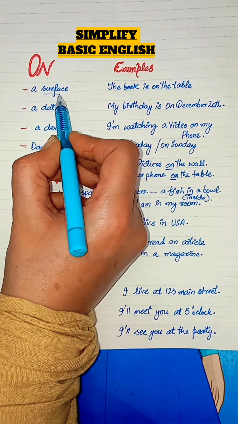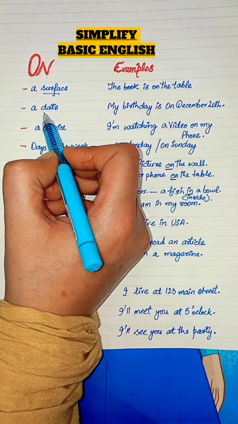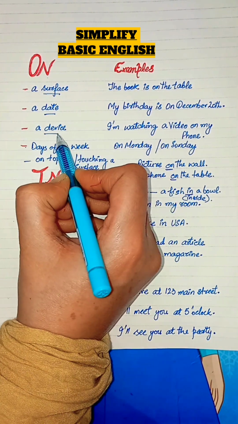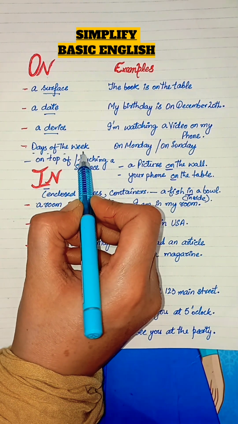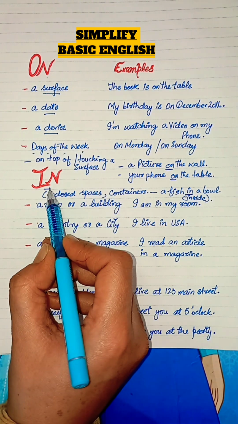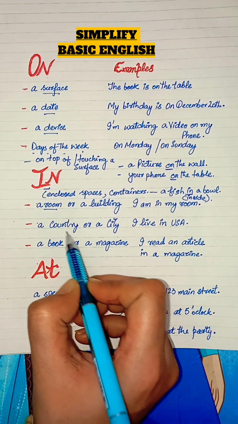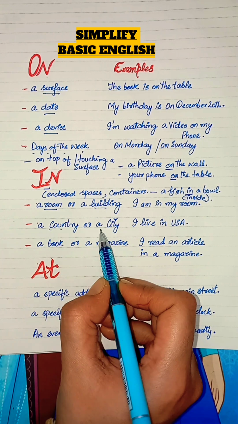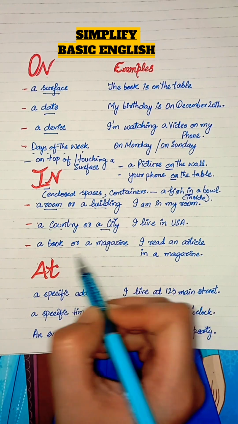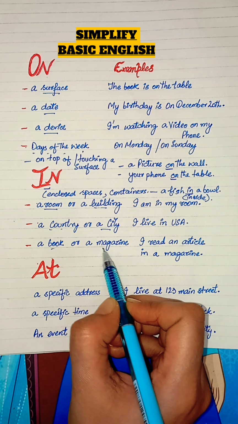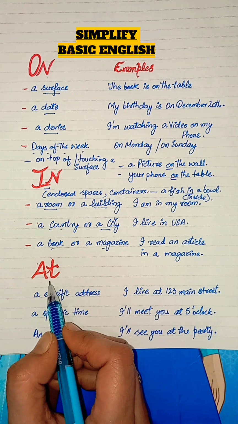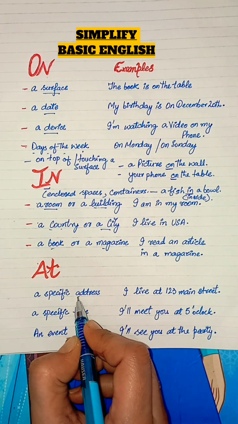In is used for a room or a building, a country or a city, a book or a magazine. At is used for a specific address, specific time, or an event.